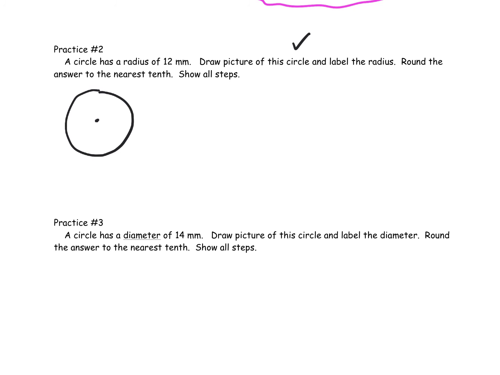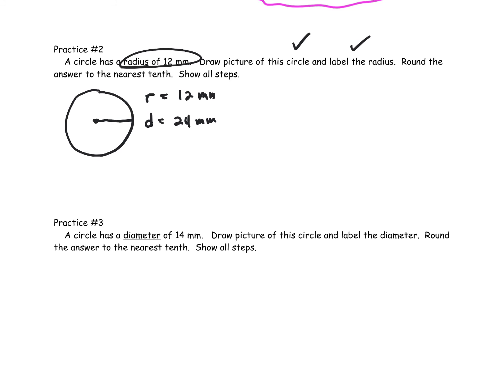It doesn't matter, I just tend to go from the center to the right. You can draw your radius any way you want. So I'm going to label that our radius is 12 millimeters as given to us. I usually try to identify the diameter as well in case it's needed. And so now we've labeled the radius, and it says round the answer to the nearest tenth.